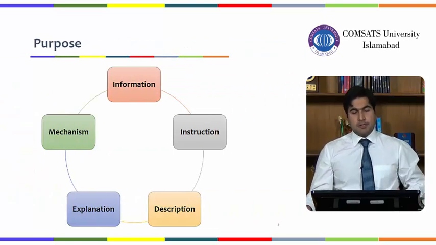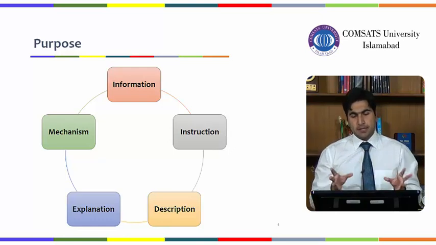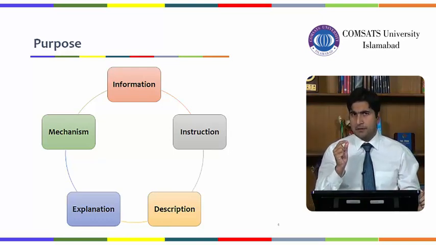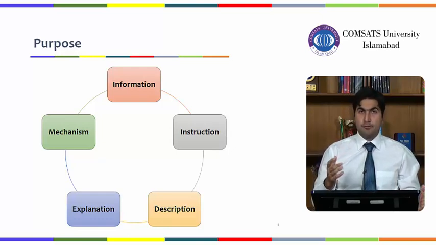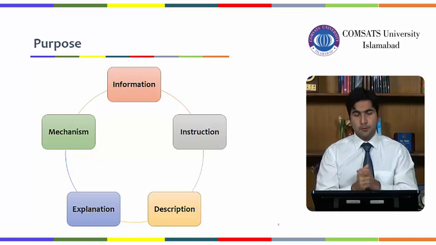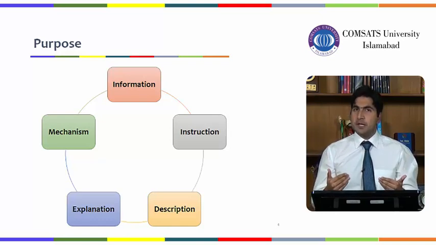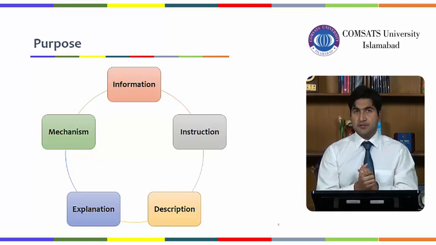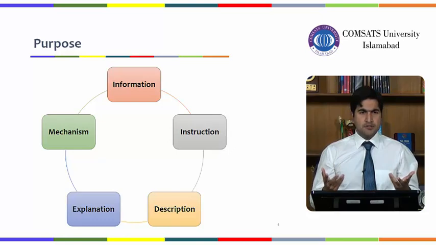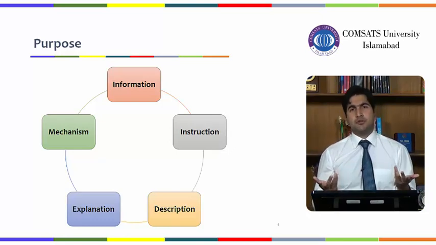Now, talking about the purpose, we looked into it within our previous lecture as well. Now just focus and try to understand those minor differences which are going to make you more aware of the different types of purposes which are basically achieved by writing a report. The most general one, the way it was explained in the previous lecture, is that the main purpose of writing a report is information.